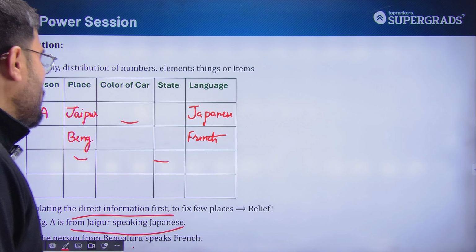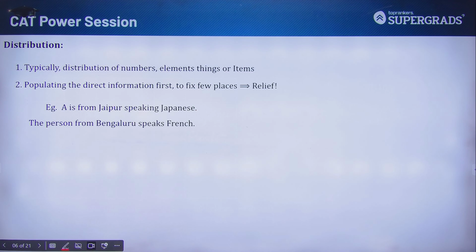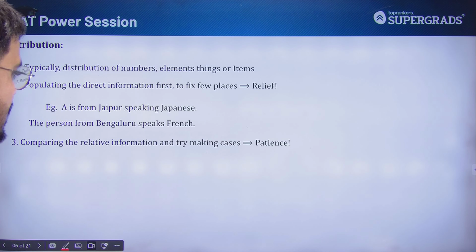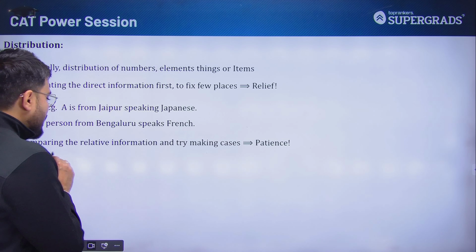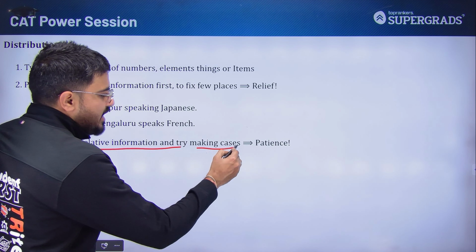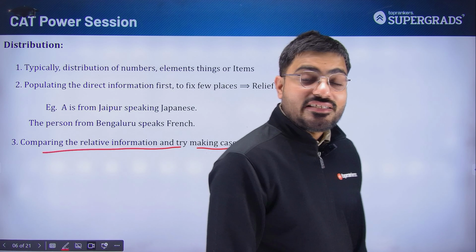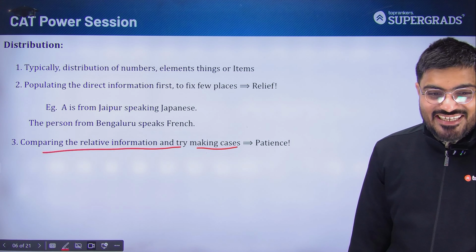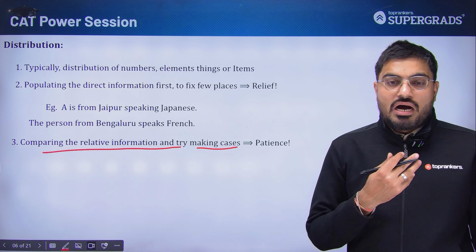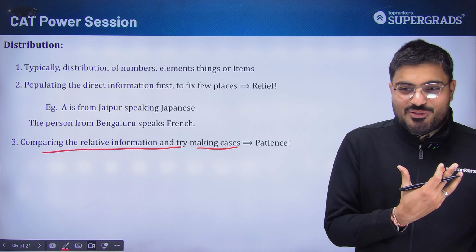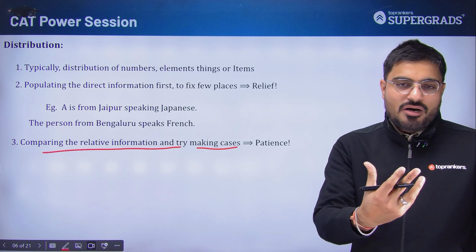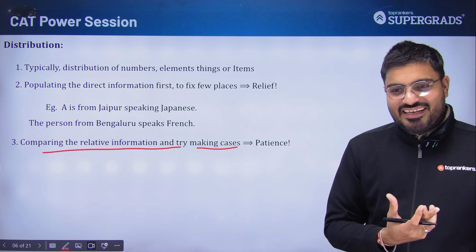Once you have fixed things, then the second type of information is comparing the relative information and trying to make cases. This is your patience check. How patient you are, how much compassion you carry, how calm you are, how easily you get irritated.